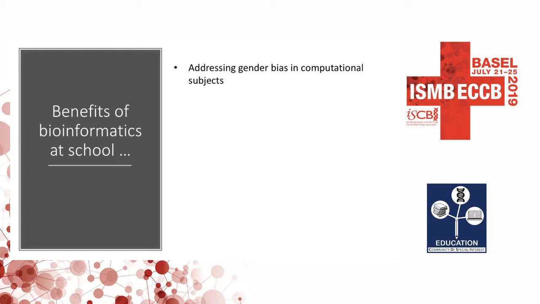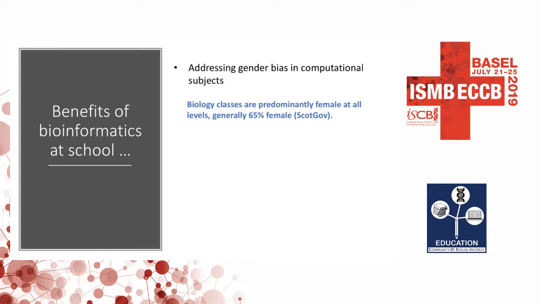So there's that, but also we're all aware that there is a gender bias in computational subjects, so that spans right from computational biology through to just more general tech jobs. But at school level, we know in Scotland, and I think this actually expands to the UK, but the facts and figures I have are for Scotland at the moment, that biology classes are predominantly female at all levels.